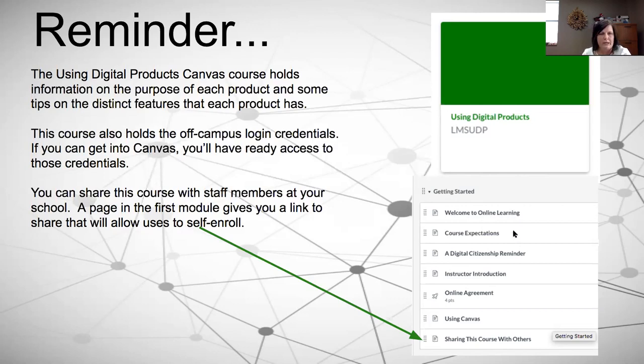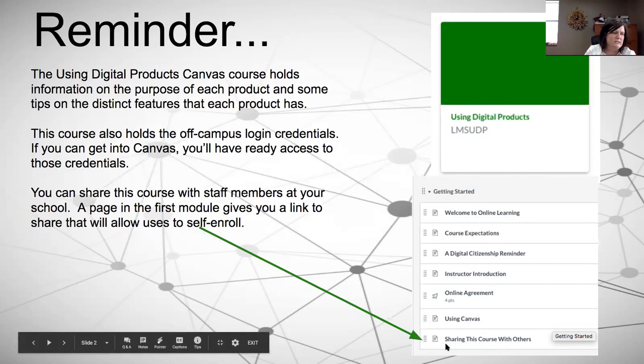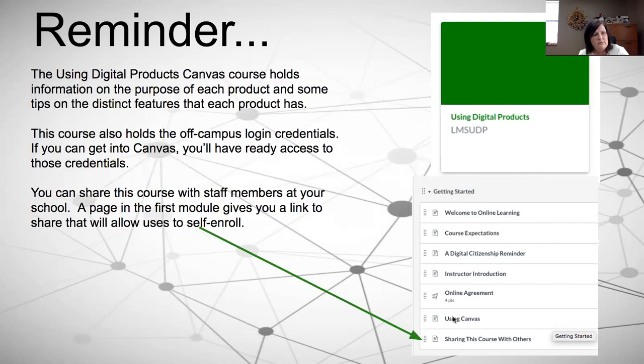I think that's changed now, but these are still in here. And down at the bottom, you'll see Sharing this course with others. There's a link posted in there that you can email or print off and hand to somebody. It's a pretty short link, and they can self-enroll in the course if you think they'd benefit from it too.